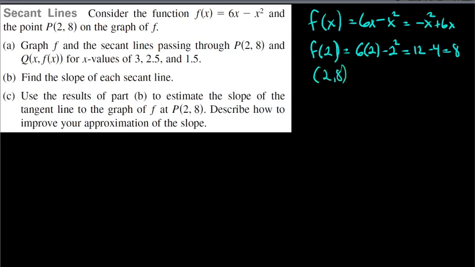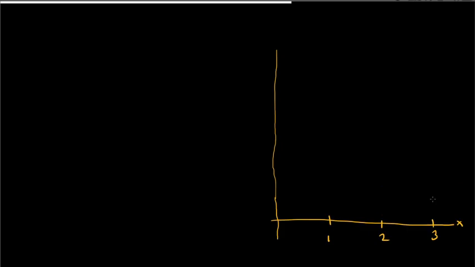And in fact, the first part of the question, part A, is to graph the function. So let's do that, and I'm going to try to graph it, a very nice big function here. So x is 1, 2, 3, and that's as far as I think we need to go.